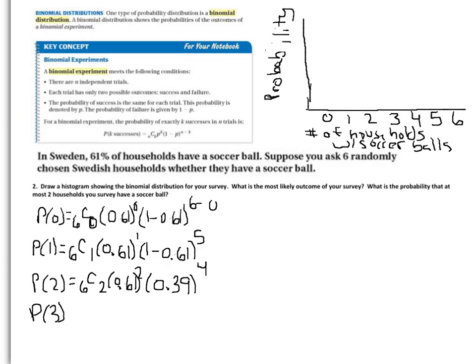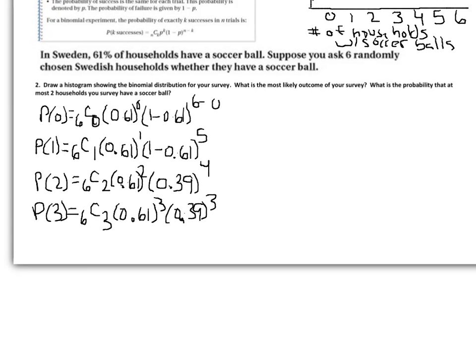Probability for 3. 6 choose 3, 0.61 to the third, 0.39 to the third. Halfway there. Probability of 4. 6 choose 4, 0.61 to the 4th, 0.39 to the second.